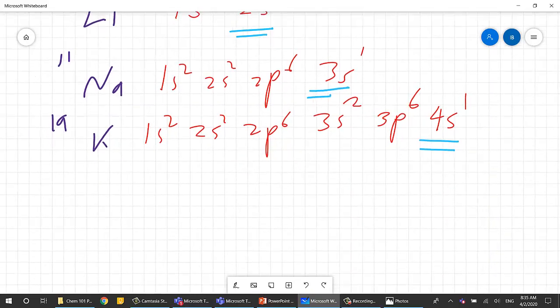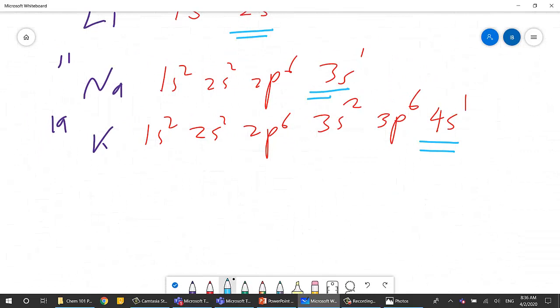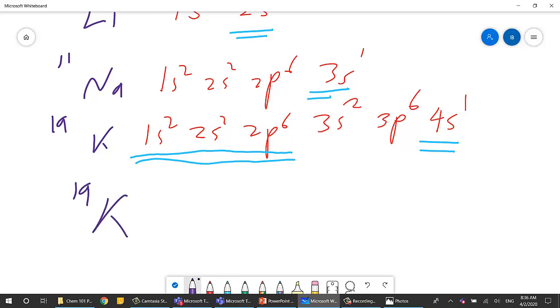The other thing you notice here is that the electronic configuration of potassium looks the same as sodium's, followed by something. So instead of doing this, you can say potassium is sodium followed by 3s2, 3p6.